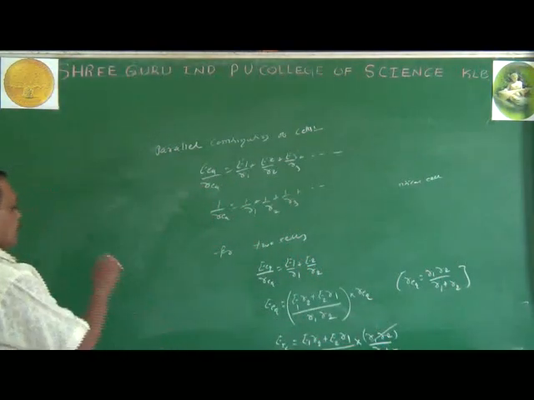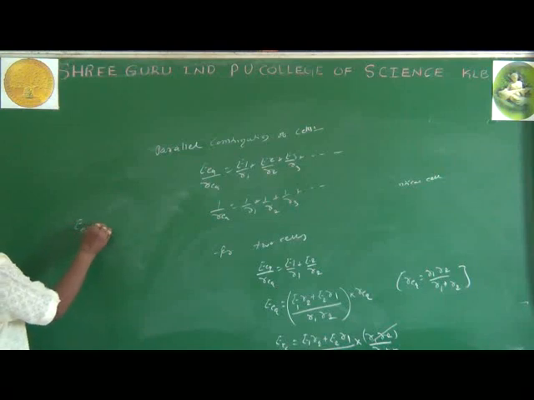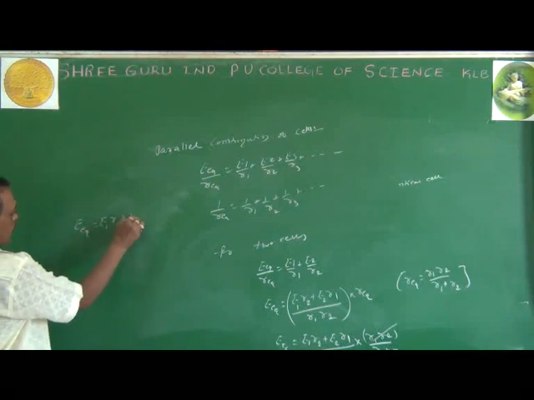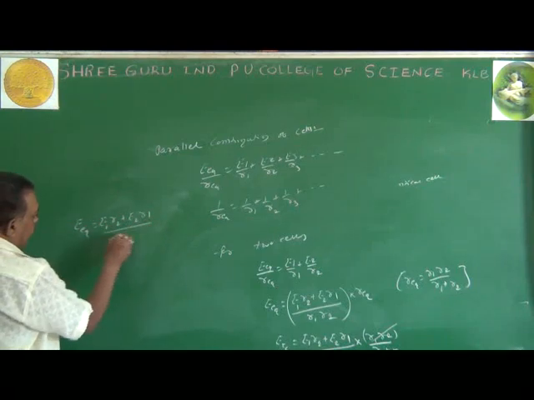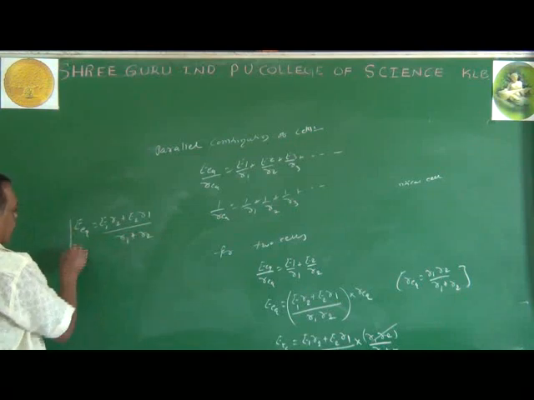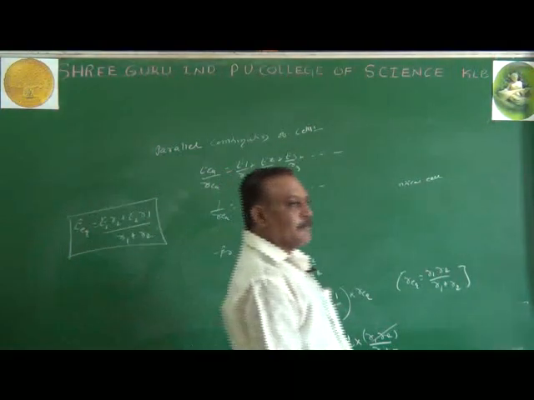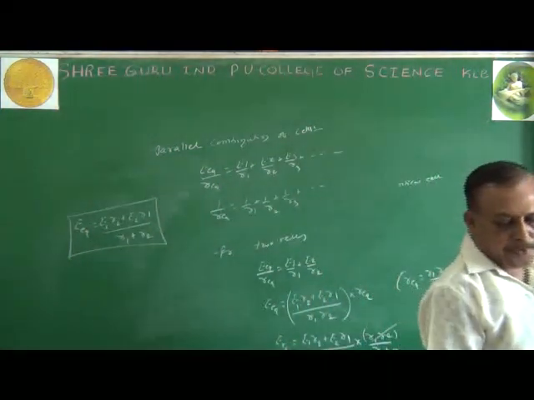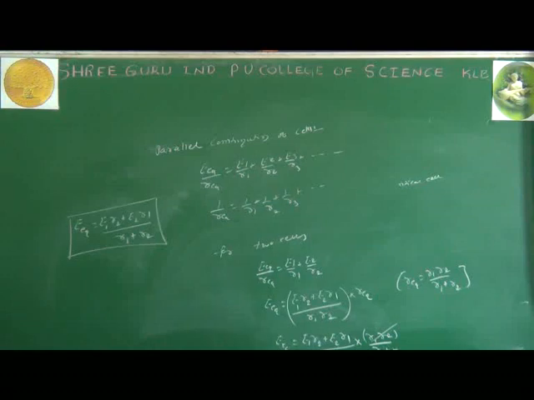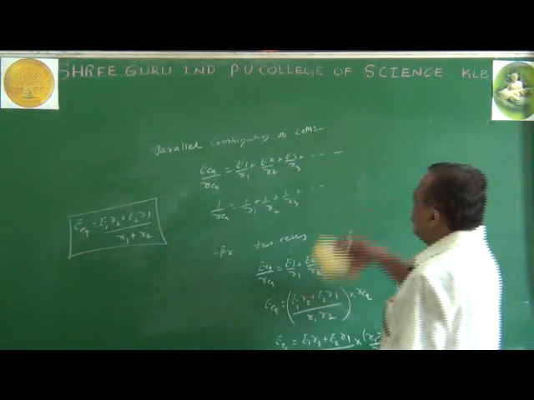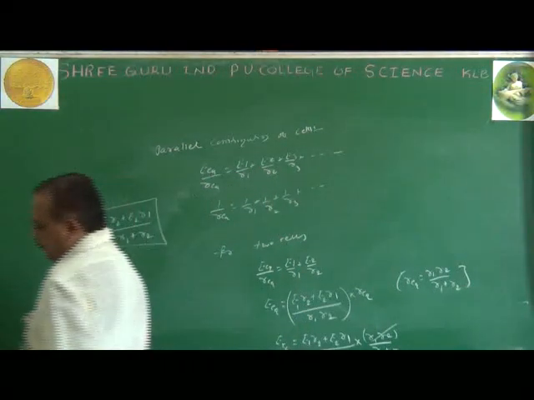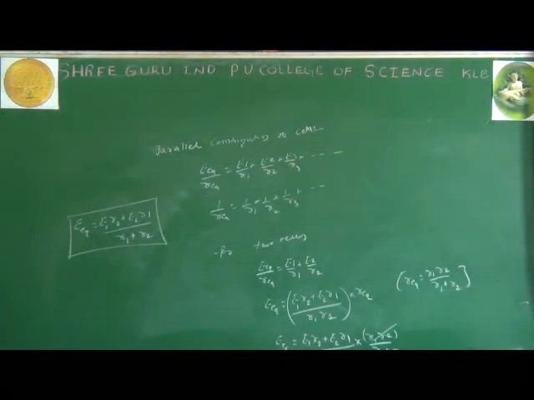Then E equivalent equals E1 R2 plus E2 R1 divided by R1 plus R2 for the two cells. Just glance at the equations. Is it clear?